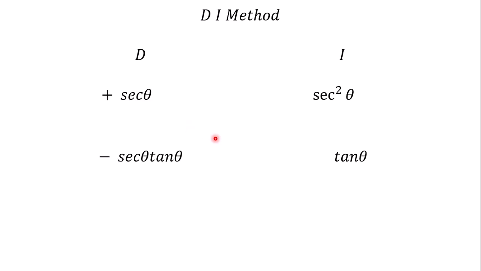You already know the product of the diagonal, so this times this one will give us the first part of our answer. That is secant theta times tan theta, and then the product of this row: when you multiply this by this, you're going to get tan theta squared secant theta d theta, and the minus is here because this row is negative.